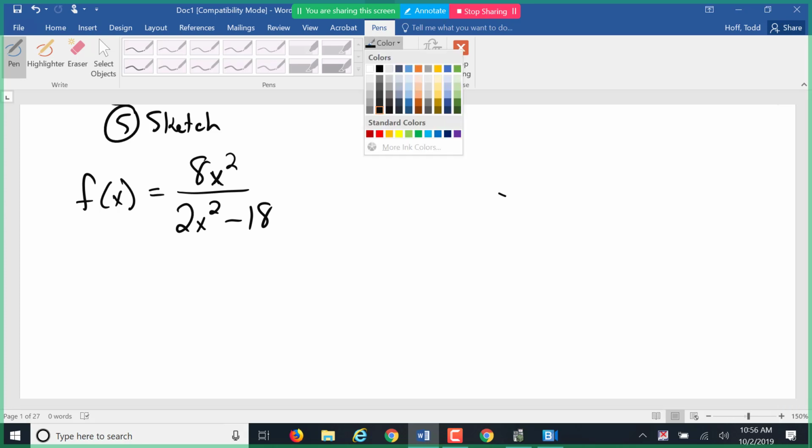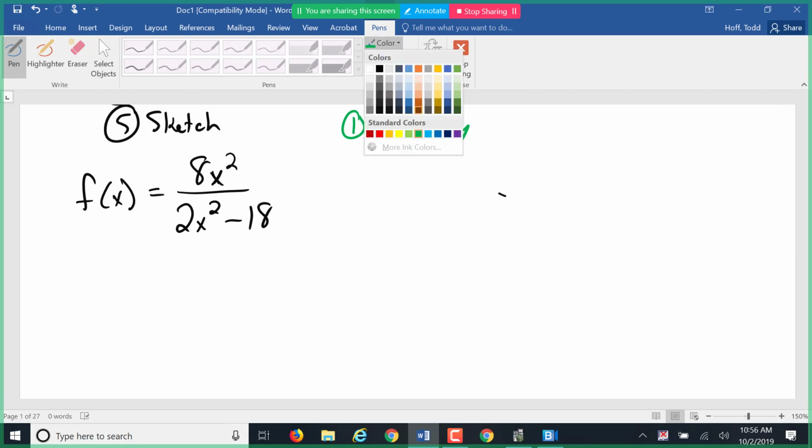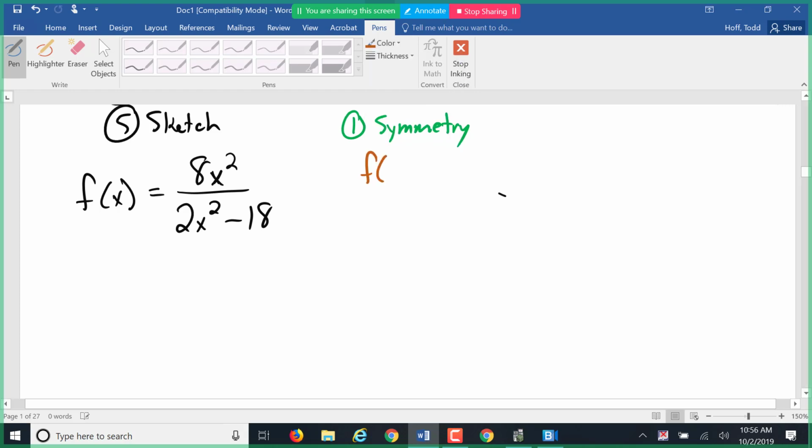So if we're going to graph this, we want to determine symmetry, if there is any. So f of negative x, that's going to be 8 times negative x squared over 2 times negative x squared minus 18.